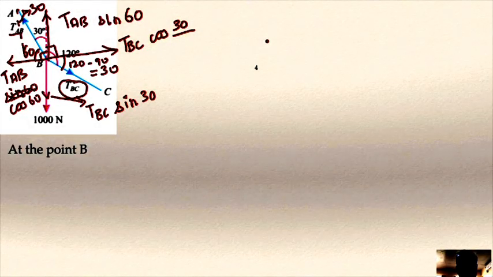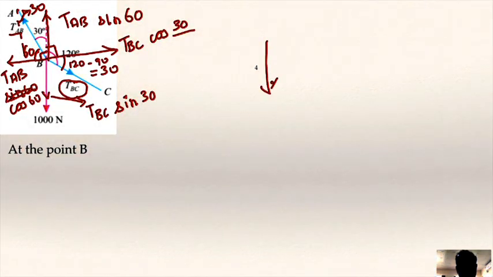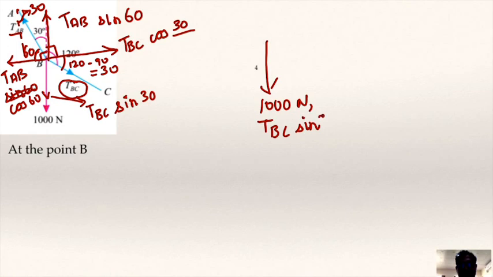So if I just write it in a much simpler form which can be understood, here you have a weight of 1000 Newton. In addition to that, you have this particular force, that is TBC sine 30, and then you have another force that is acting on top of it, that is TAB sine 60.